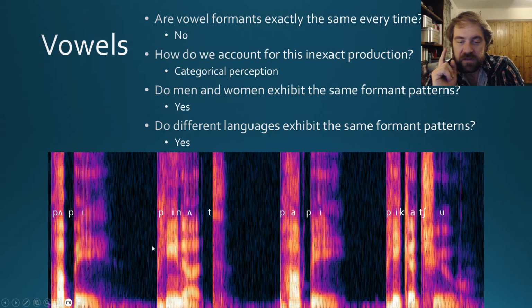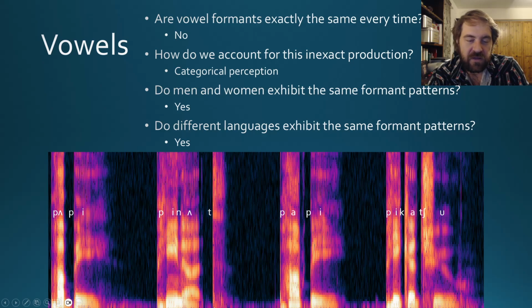For the T, you can see that that is not the case. For the T, you can see that you still got that, like, here's the stop, here's the burst, and you can see that the energy is concentrated up here at the top. For the K, you might be able to see that the energy is here and here.